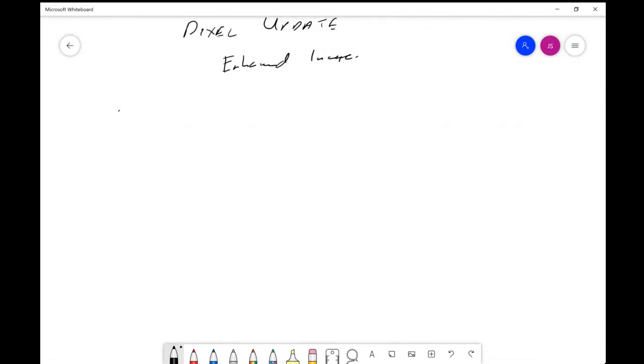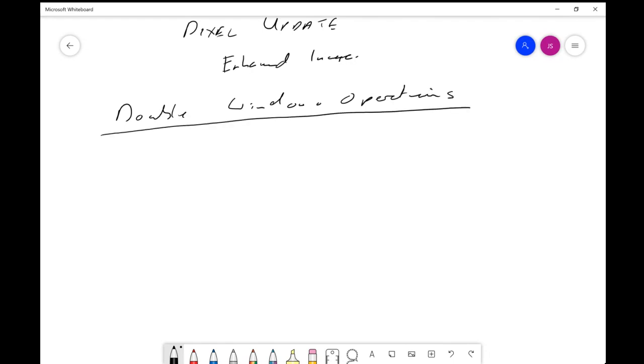Now this week, I want to talk about double window operations. And this is essentially edge detection. Edge detection in image, extremely important. We want to determine boundaries between regions.